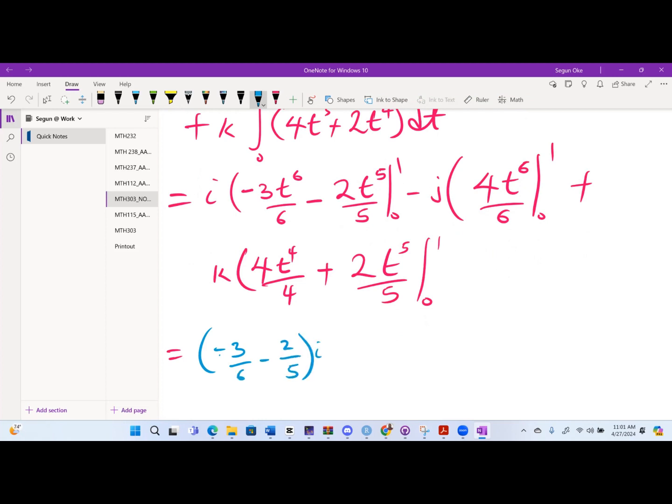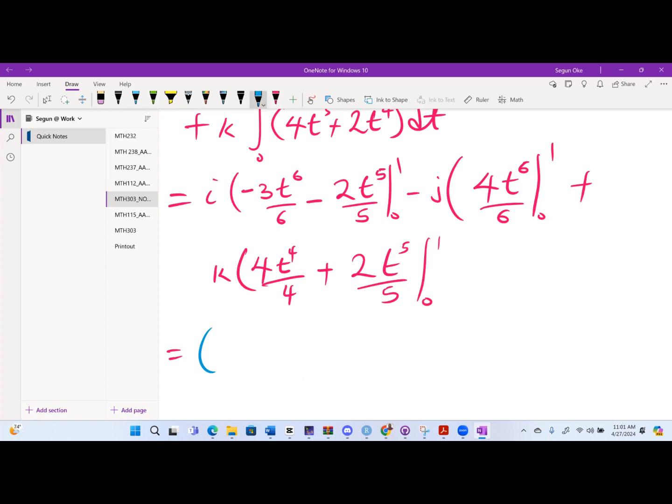What do you have? Because when you substitute 1 into it, you have this. When you find the LCM, what does the LCM say? But you can cut it first. Okay, let's just resolve it first, so that you understand what I'm saying.